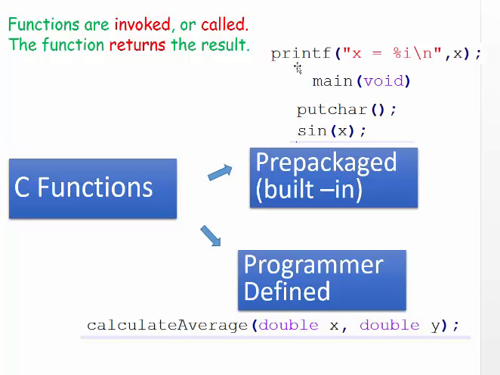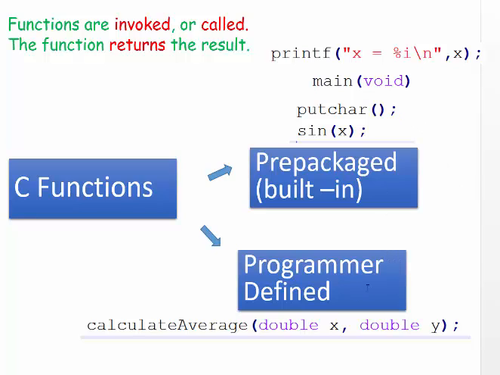What do you notice about a function? In each one of these function calls that I have printed over here, the argument, or either arguments or parameters, which we'll explain in a moment, are in parentheses. So printf is calling or invoking the printf function, and we're passing some argument to it.